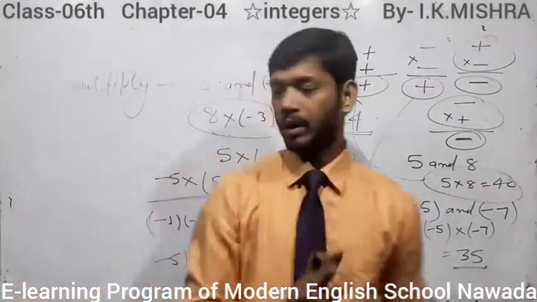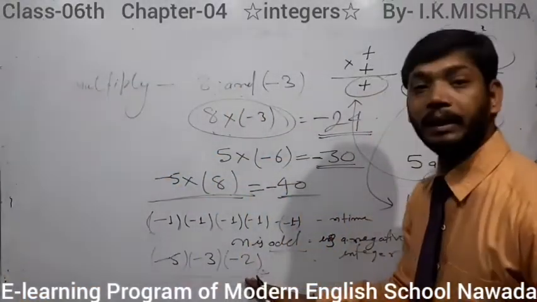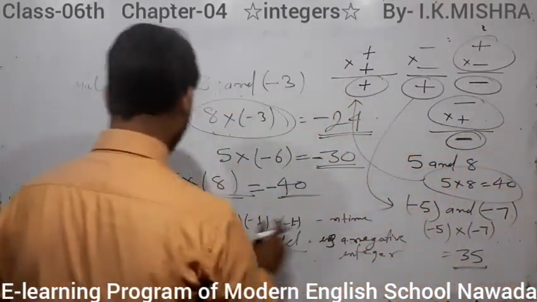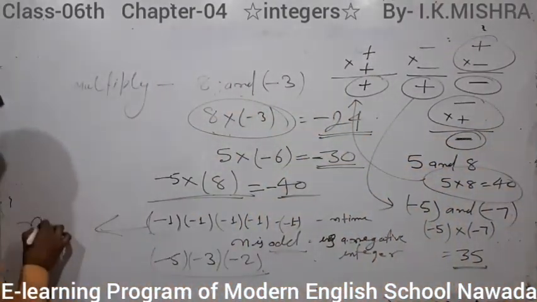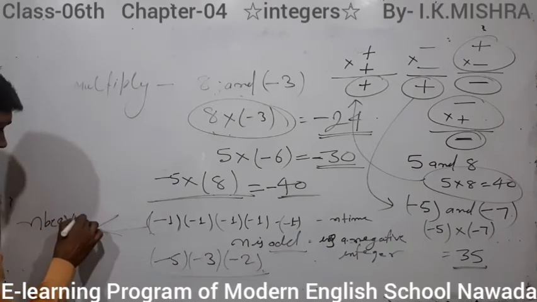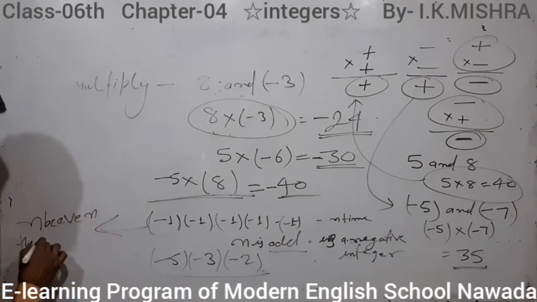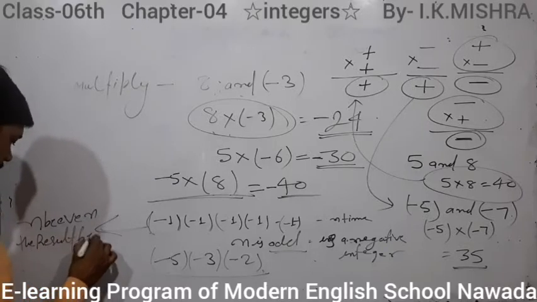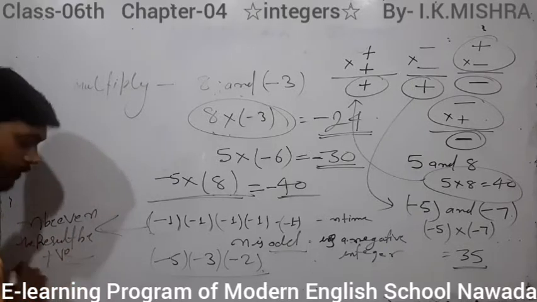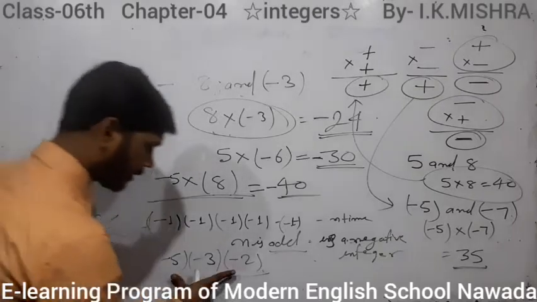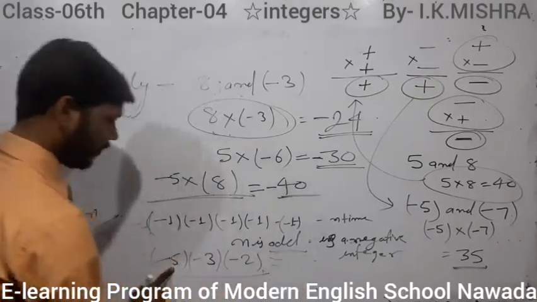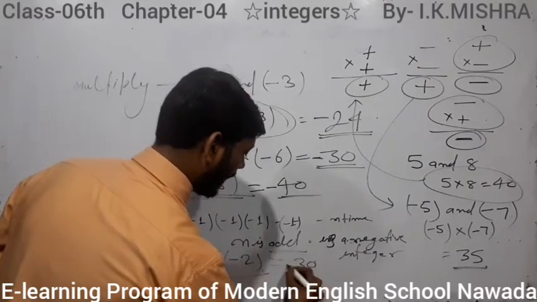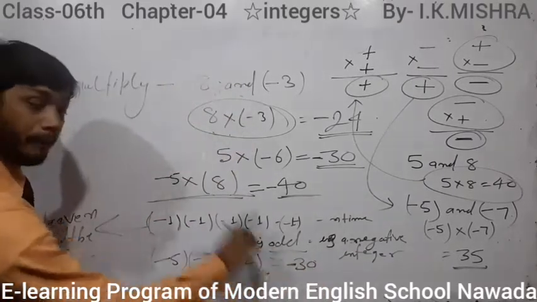Always remember, its result is negative because the count is odd. If n is even, then the result is positive. First of all, 5 into 3 is 15, into 2 is 30. Here the result is minus 30.